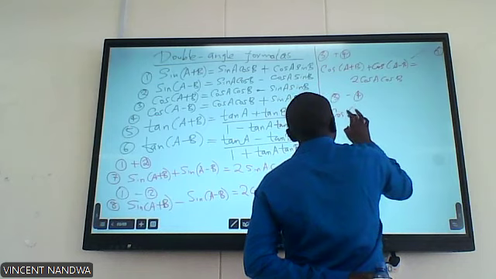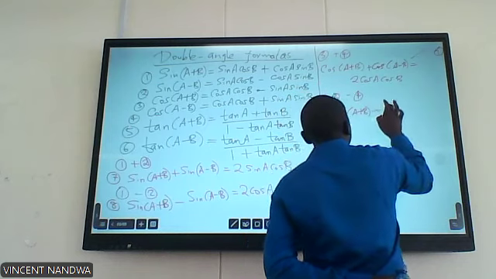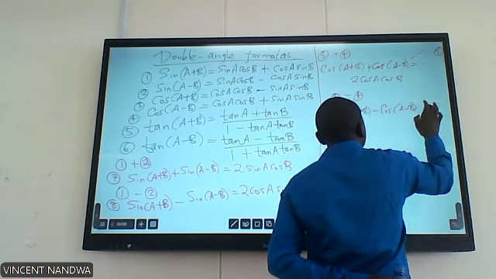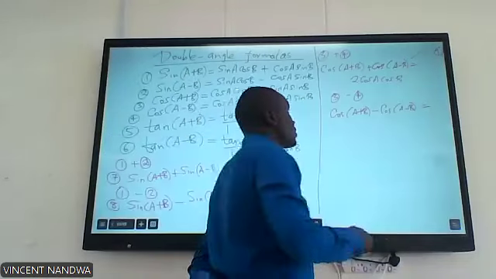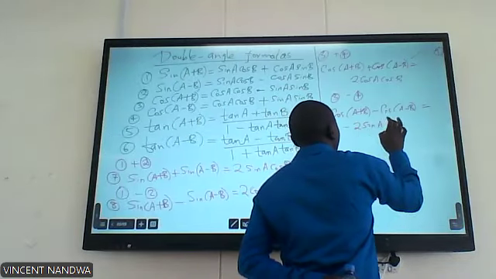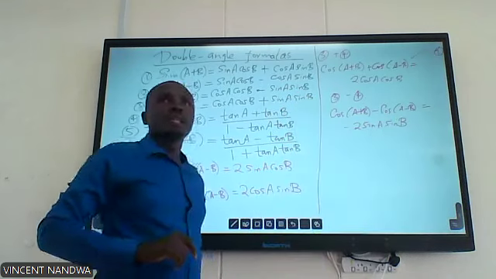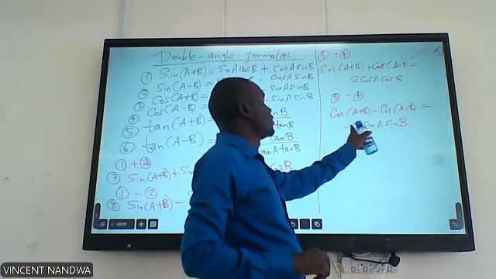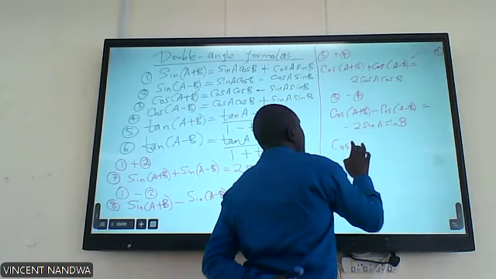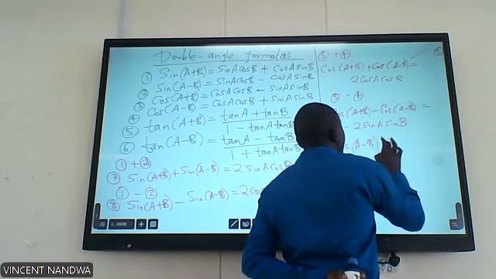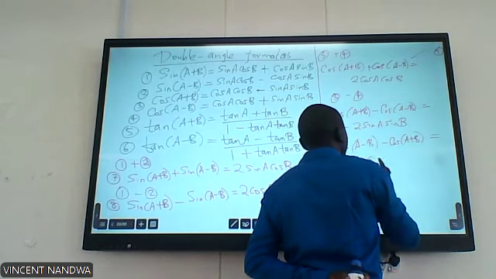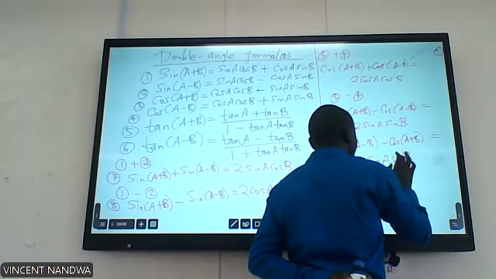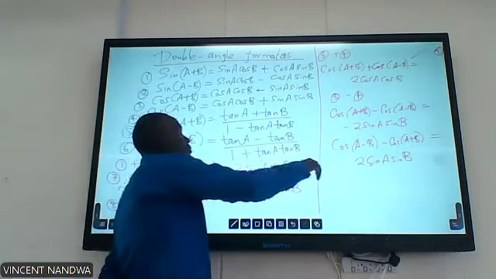We'll have cos A plus B minus cos A minus B. So there we get the negative, 2 sine A sine B. If you don't like having negatives, then we can remove this negative and say it's the same thing as having cos A minus B minus cos A plus B is twice sine A sine B. So that's the same formula. This and this mean the same.